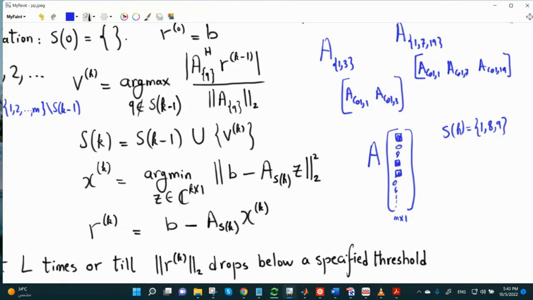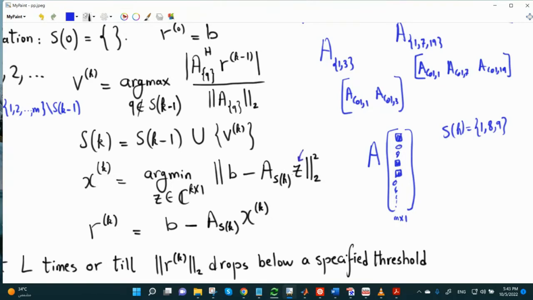Okay, so we have this least squares problem in which we minimize the square of the Euclidean distance between b and a linear combination of the columns of A, specifically the columns whose indices are in S of k.